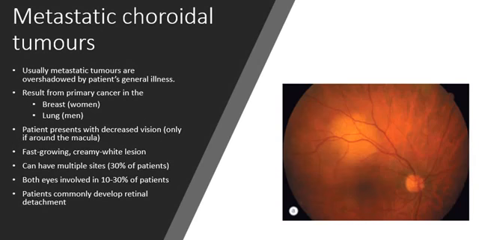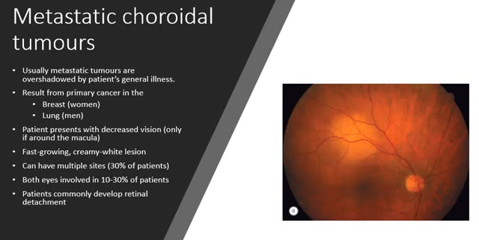Now, the choroid is the most common site for uveal metastases to occur, and it accounts for 90% of tumours in the location of the choroid. Usually though, metastatic tumours are overshadowed by the patient's general illness because they're secondary to, for example, breast cancer, which commonly occurs in women, and lung cancer in men.